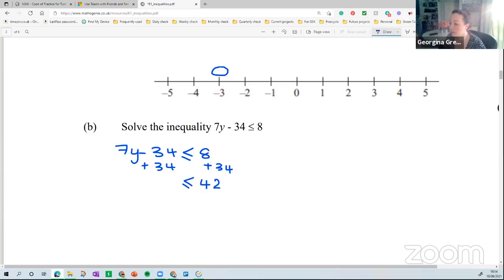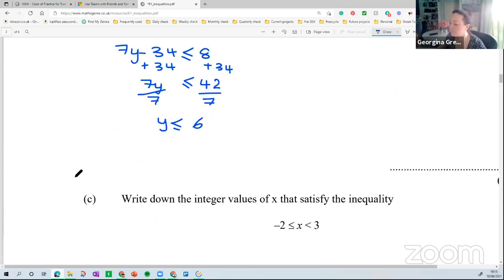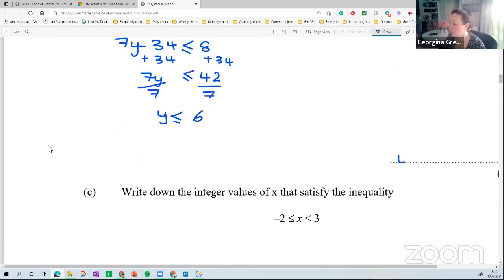Put the symbol back in and we've got 7y over here. And then we would get rid of that by dividing by 7. So that becomes 6. And we just leave the inequality symbol as it was. So that tells us that y is less than or equal to 6. And make sure to put the answer in the answer box to avoid confusion and lost marks.